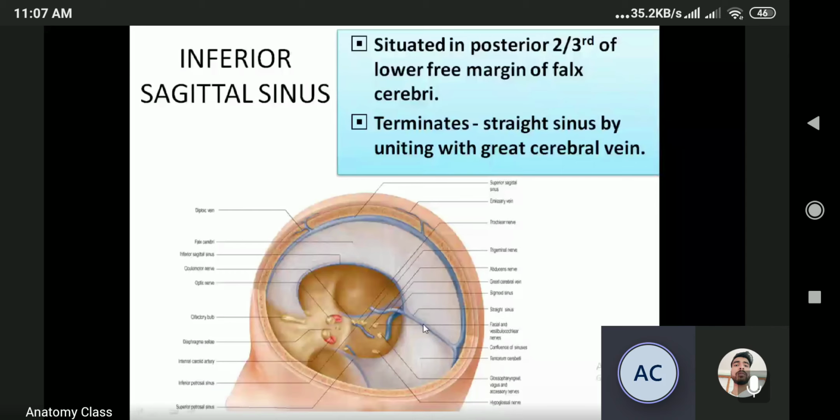There is no endosteal layer, just a fold of the meningeal layer of cranial dura, within which are the inferior sagittal sinus and straight sinus.